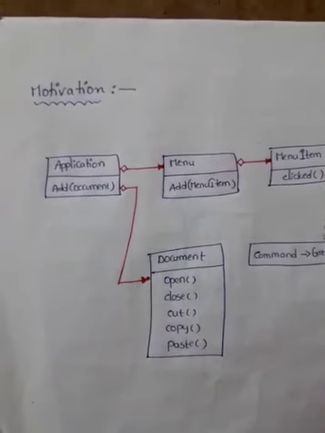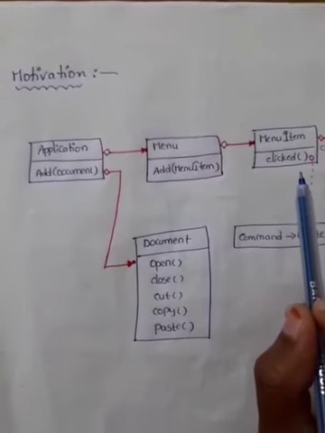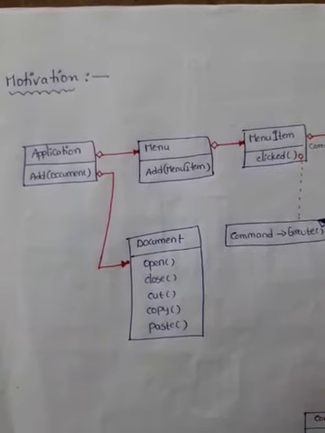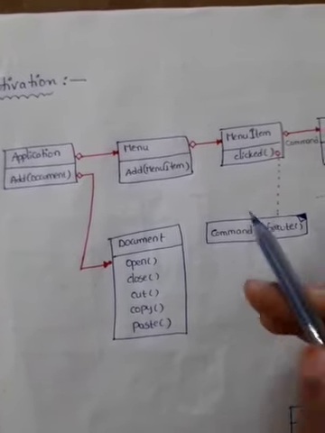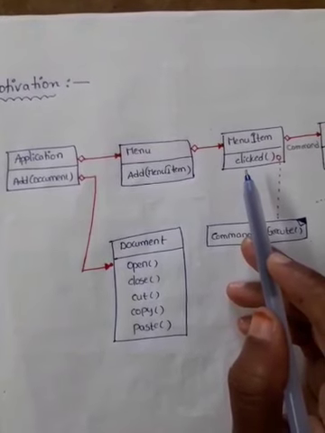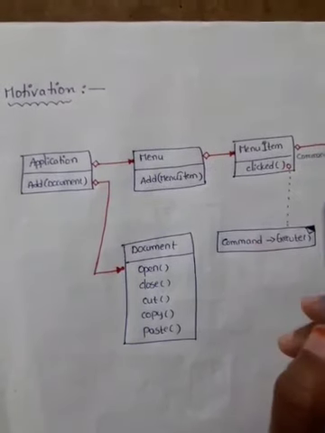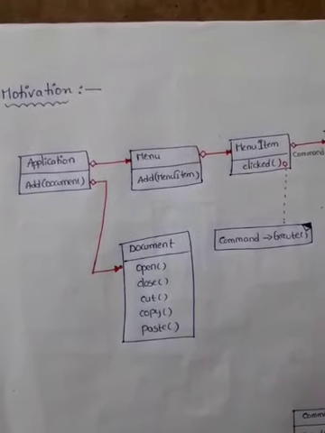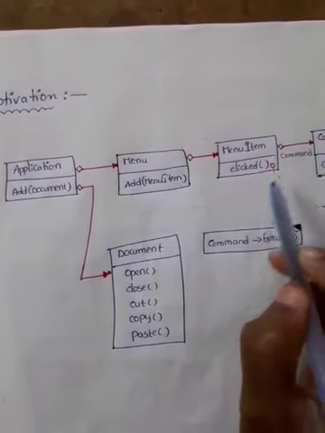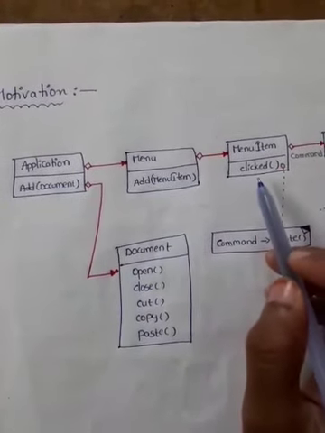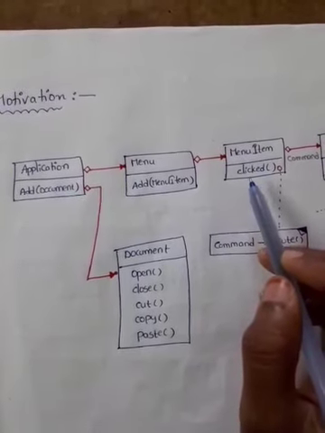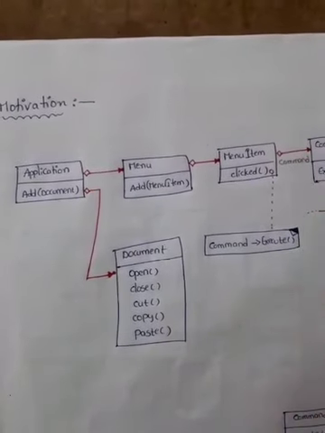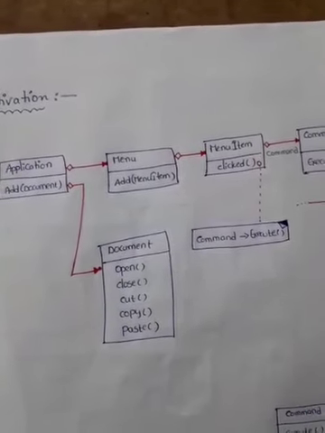The application configures each menu item with an instance of a concrete command subclass. When the user selects a menu item, the menu item calls execute on its command, and execute carries out the operation. The menu item doesn't know which subclass of command it uses. The command subclass stores the receiver of the request and invokes one or more operations on the receiver.